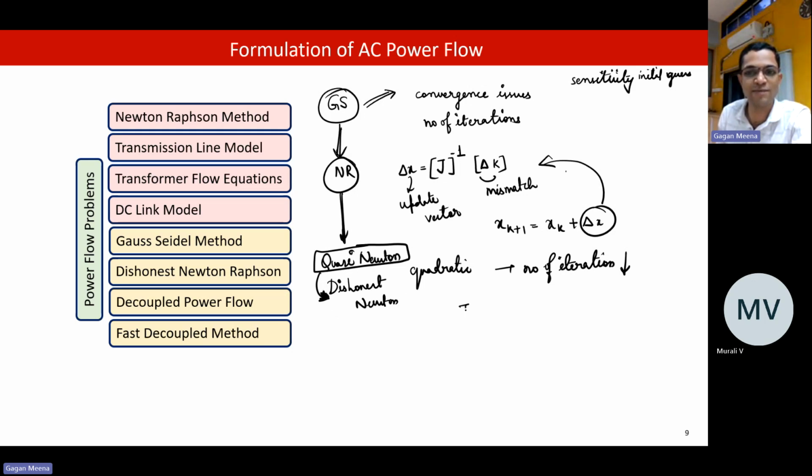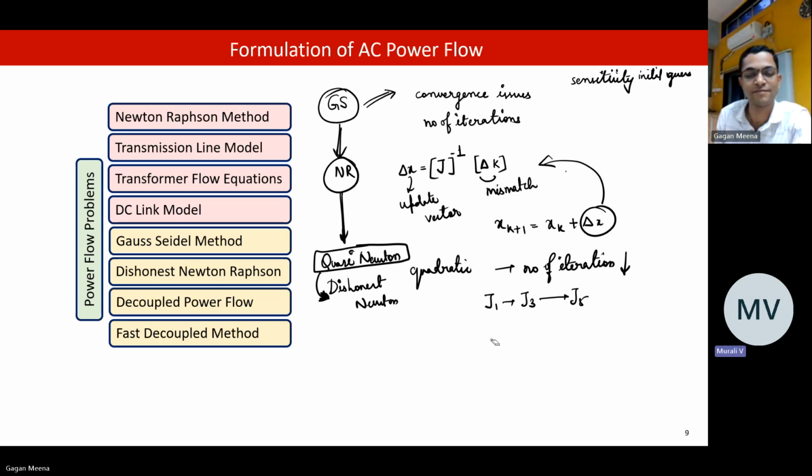That is to keep the Jacobian constant: calculate the Jacobian for the first iteration and keep it the same for, let's say, 3 iterations. And then modify it again and keep it the same for the next 2 iterations. In this way we can save some computation and speed it up a little bit.